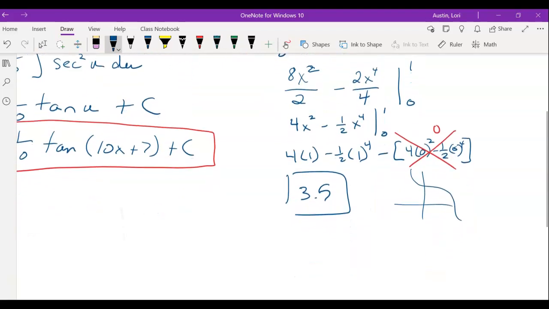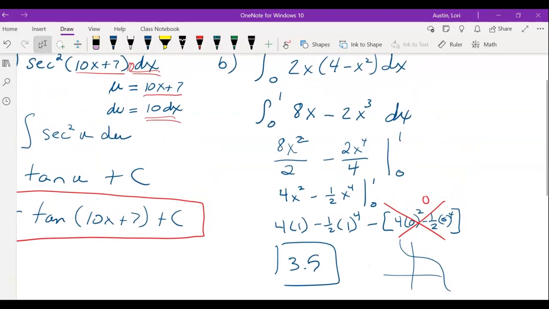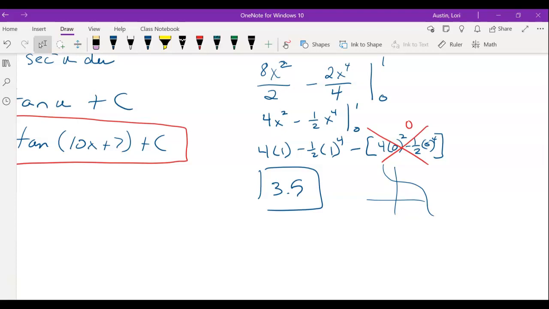Okay? I'm making this up. I don't know where this function is on the graph, so I have an idea of what the shape is, but I have to do a little more work to figure out where it is. Actually, it goes through 0, right? Yeah. So between 0 and 1, it would be whatever that area is.